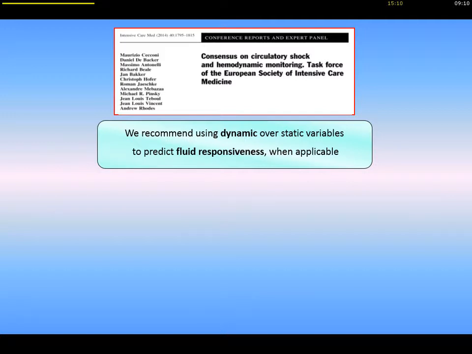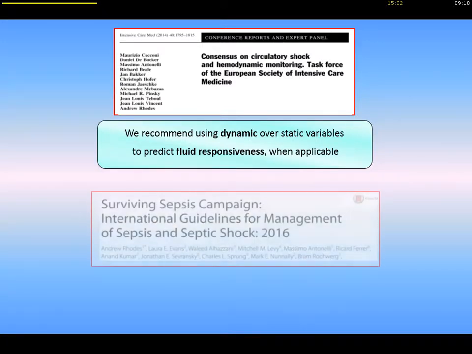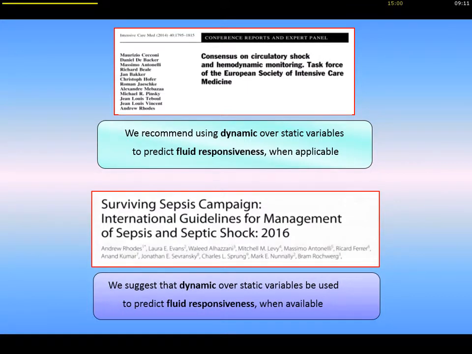With Maurizio Cecconi, we said we recommend using dynamic over static variables to predict fluid responsiveness when applicable. And now the Surviving Sepsis Campaign also says we suggest that dynamic over static variables be used to predict fluid responsiveness when available. So we now have, I would say, a consensus about this.